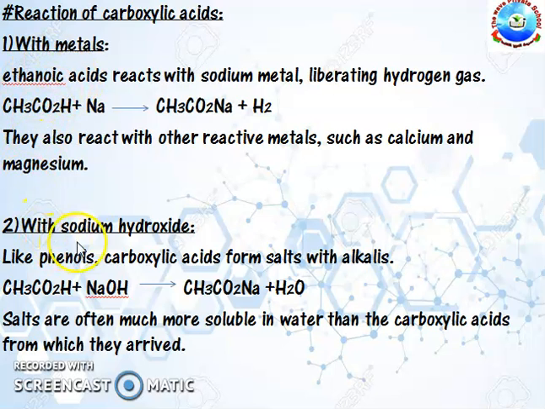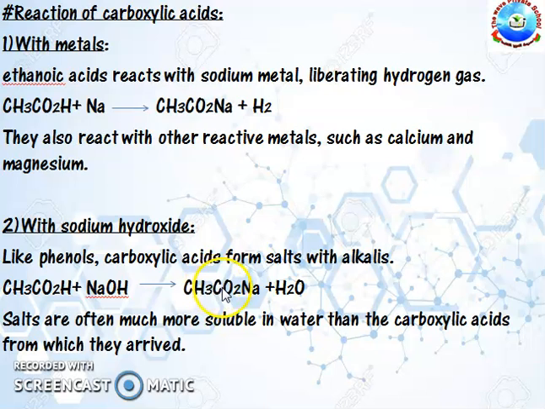Let us see with sodium hydroxide. So like phenols, carboxylic acids also form salts with alkalis. What are alkalis? That is sodium hydroxide, NaOH. So when carboxylic acid reacts with sodium hydroxide, they give water. Okay, so there is a formation of salts.